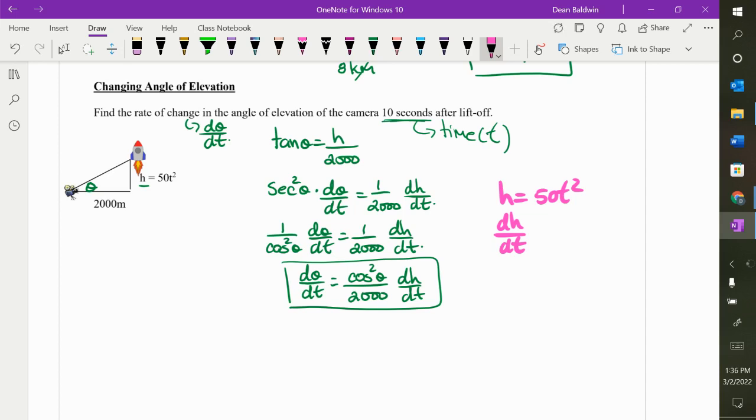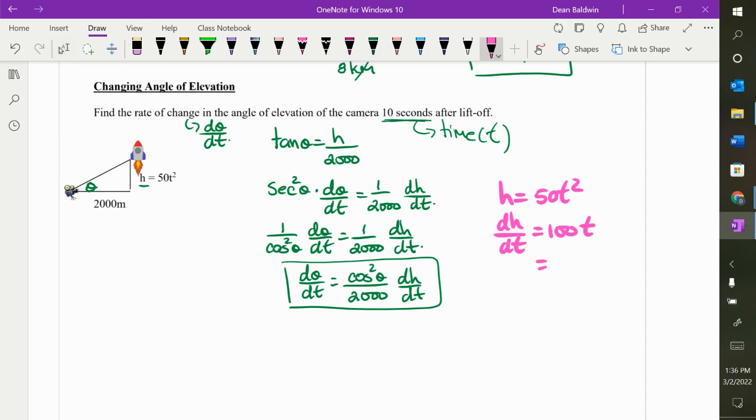What is the derivative of 50t squared with respect to time? 100t. So we can either put our time into this now, or we could plug that into there. It doesn't actually matter. Since we're here, we might as well do it right now. Does that make sense to everybody?